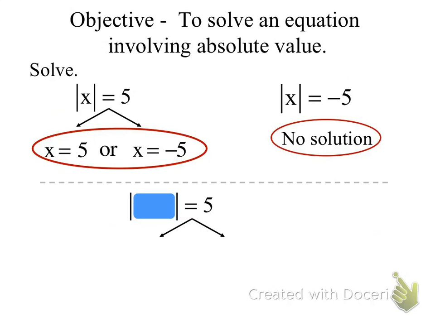Okay, so I have to split it, just like I did in the equation up top on the left. And remember, what did we do? We set one equal to the positive and one equal to the negative, because we have to account for that negative distance on the number line.